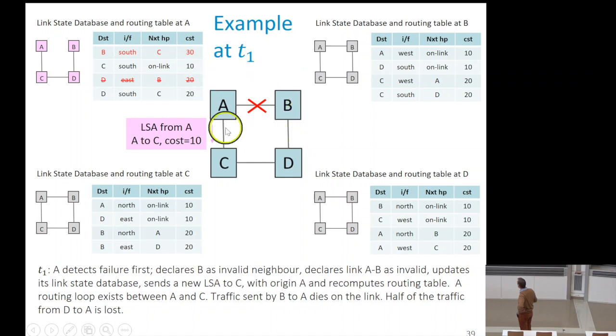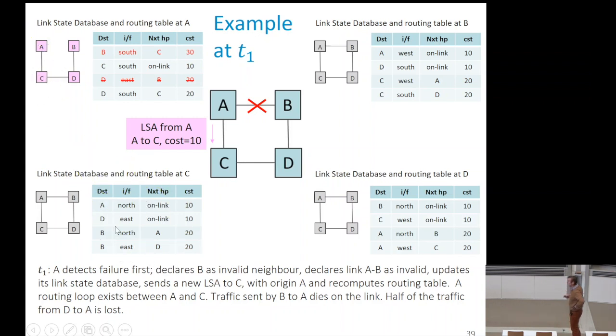But since A has this topology database, the one that's written in pink, it reruns Dijkstra, and assuming that happens very fast, it will know that in order to go to B, I have another path that goes via C. So I go south in order to go to B. And my alternate path to D, I had two paths before, I have to delete it. So this is the view that A has of the network, and this is, in consequence, how A will route packets. Any packet, in fact, that has to be routed by A will be sent to C.